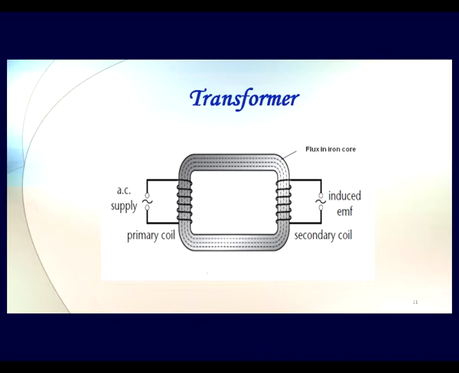We have AC current passing through the primary coil, through an iron core around which these coils are wound. We can induce EMF in the secondary coil, and depending on how many turns of primary coil and how many turns of secondary coil there are, we get the output induced at the output of the transformer.